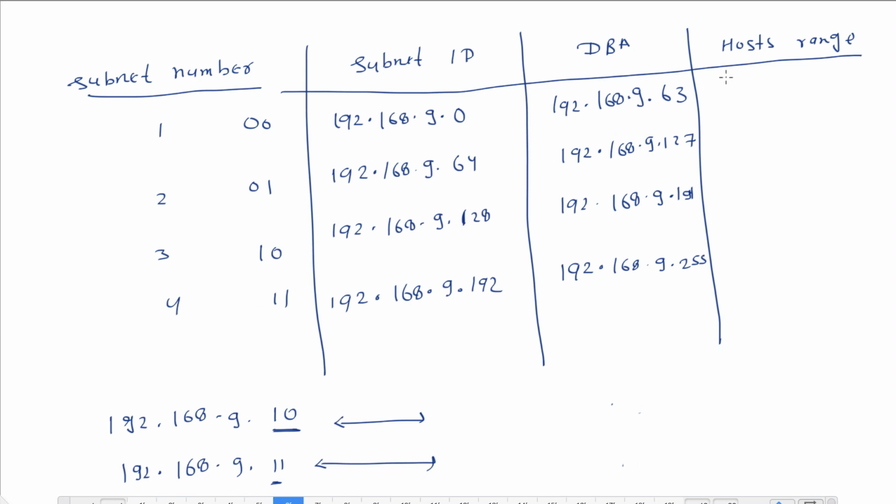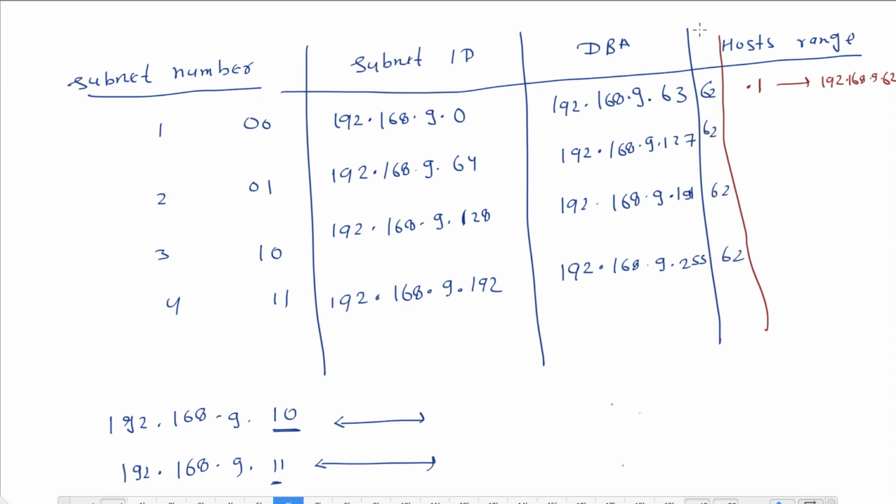Now for the host range, you can just say it will range from 192.168.9.1 till 192.168.9.62, because after the network ID or subnet ID there will be one host, and before the directed broadcast address there will be one host. So the host range will be this, and the number of hosts is 62 in every case. If I add another column for number of hosts, it is 62, 62, 62, 62.